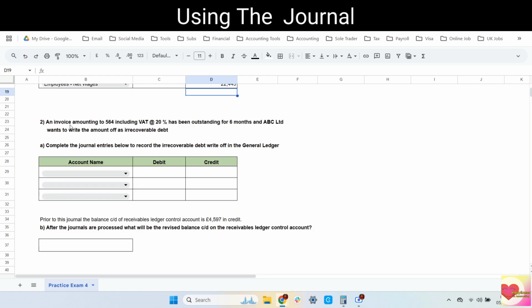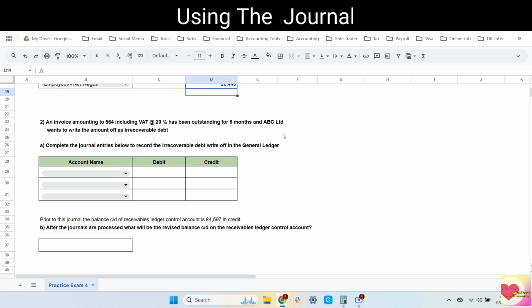Number 2, an invoice amounting to 564 including VAT at 20% has been outstanding for 6 months, and ABC Limited wants to write the amount off as irrecoverable debt. Letter A, complete the journal entries below to record the irrecoverable debt write-off in the general ledger. Let's analyze the scenario.